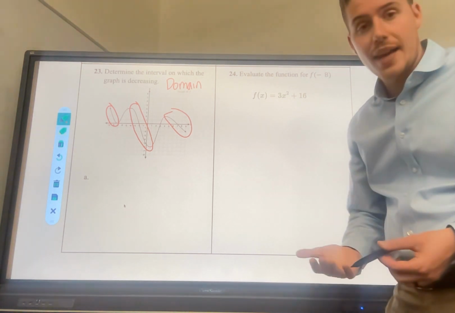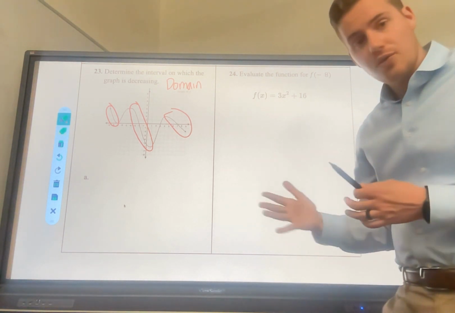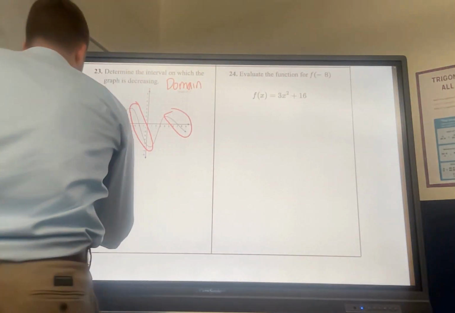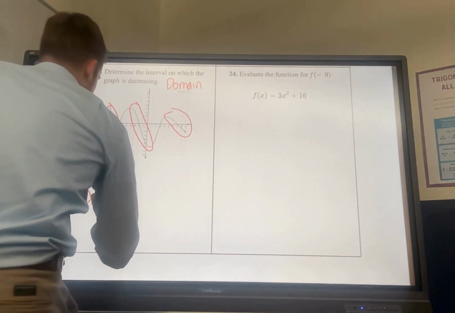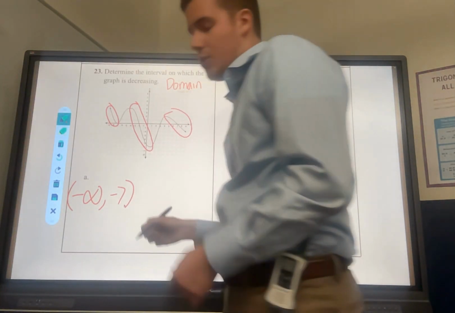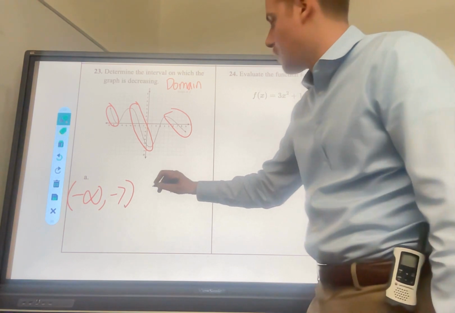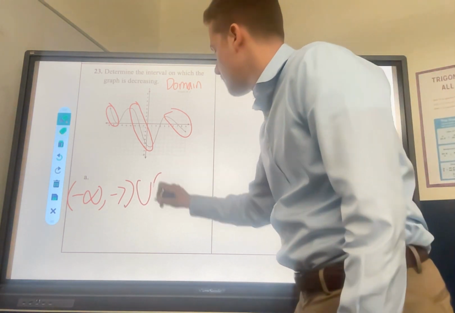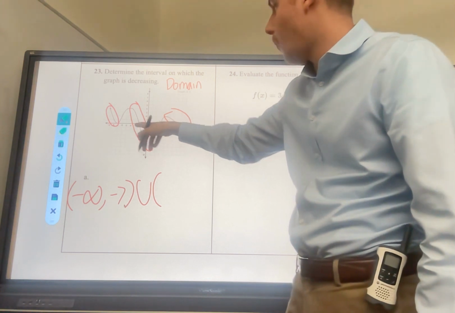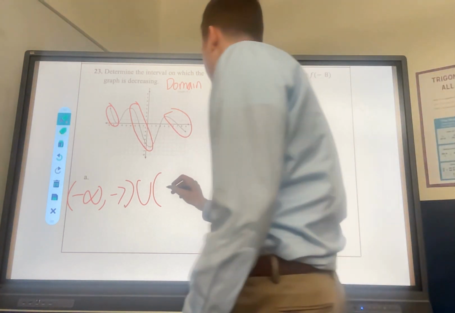And so I'm going to go ahead and write the x values for which those values occur. Starting with our first piece, we're going to get negative infinity up to -7. And then we're going to write a u for union. And then the next piece of our graph here is from -4 to 1.